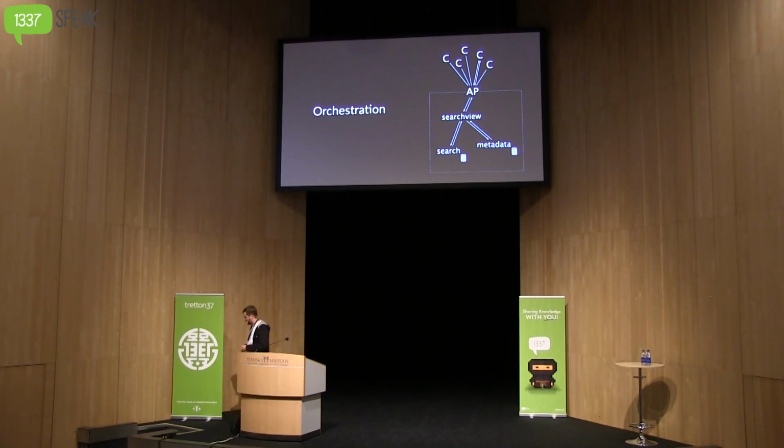Both the search and the metadata service have data storage. So like I said, the search service uses Lucene, so it has a Lucene index that we build offline on a separate set of services and then ship to our production services. You can argue that we should use Elasticsearch or something like that, and we might use that in the future.